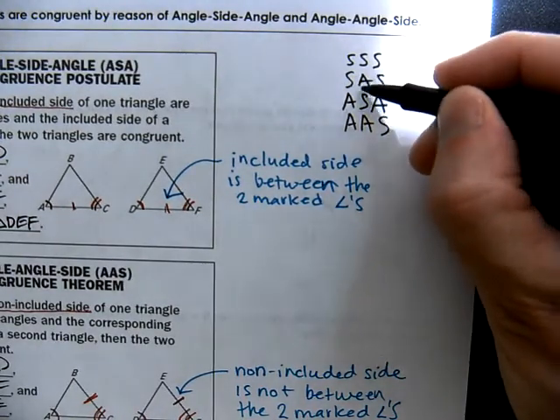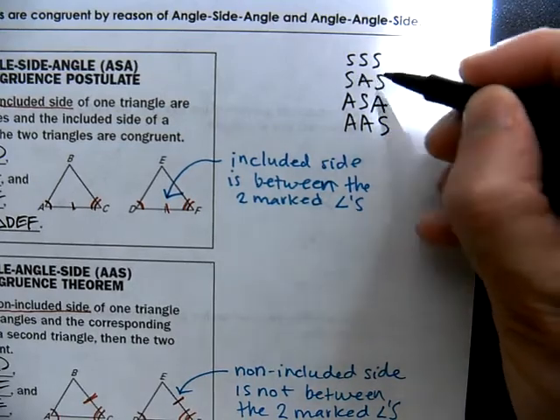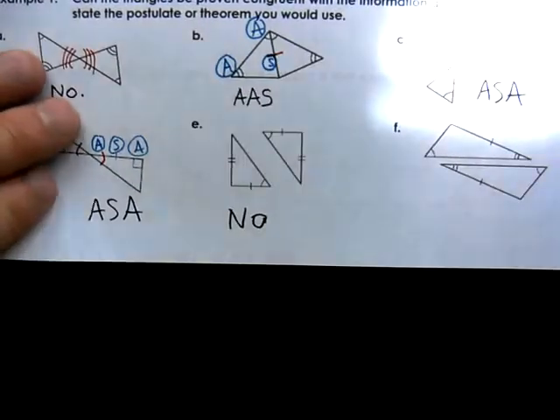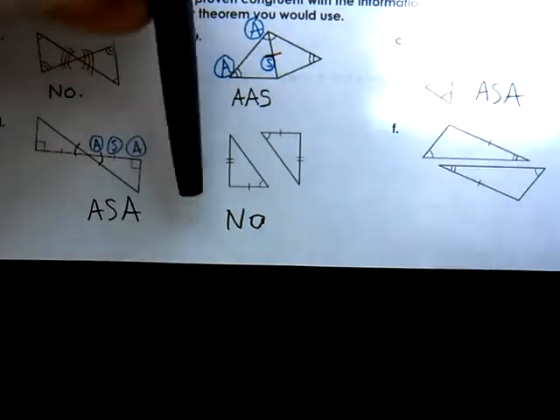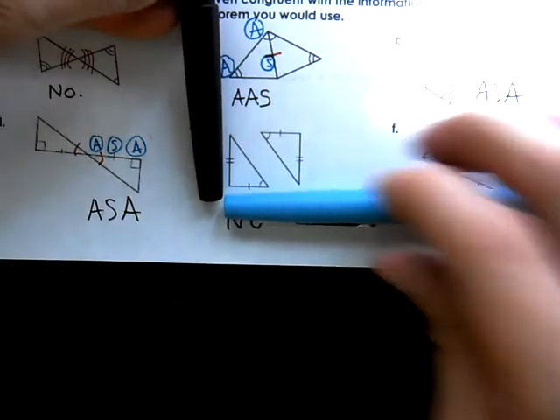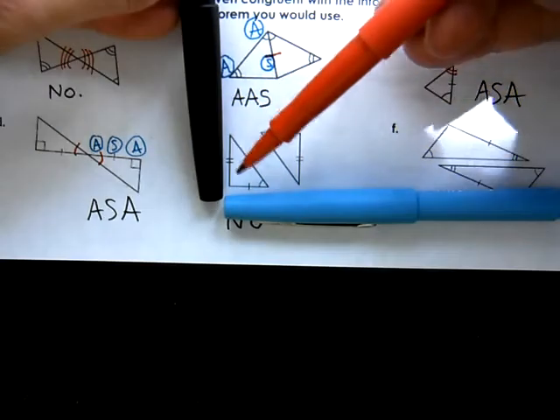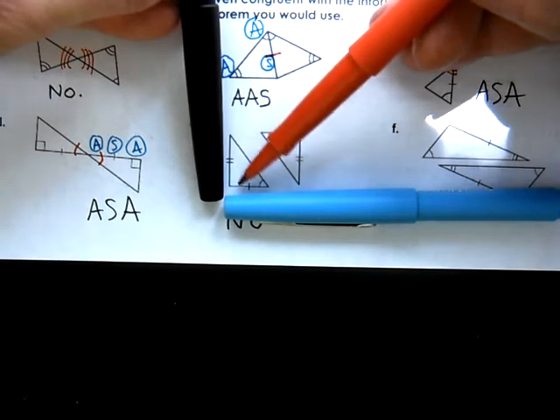So the question is, is the angle between the two marked sides? So here's the two marked sides. And so we want to know, is that the angle that we see marked right there? No, that's not the included angle.